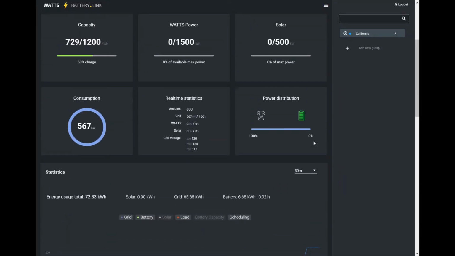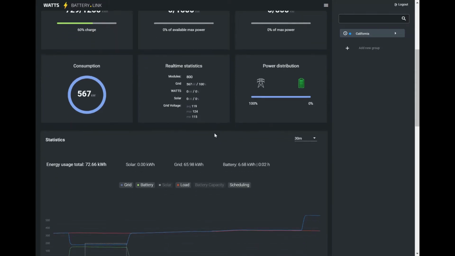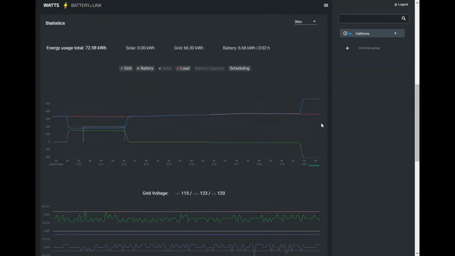Now if we go up, we can see that the amount of power here increased and is already supplied from the grid, and we can wait over here to see the end of the behavior.